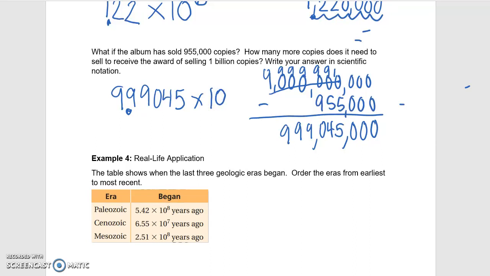I'm going to go back into my answer when I subtracted, put a decimal there, and count its movement to get to the end of the number. So that's skipping past 1, 2, 3, 4, 5, 6, 7, 8 spaces. So 9.99045 times 10 to the 8th.